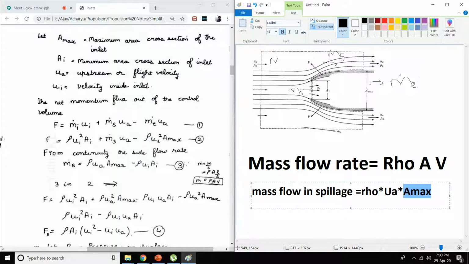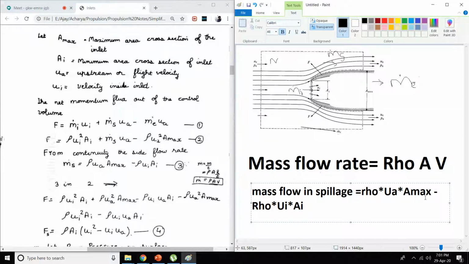We don't know the value of A max, so if at all A max extends to an infinite value that is covering the whole outside boundary, then whatever flow that is going inside of this, minus the mass flow that is going through here, will be your spillage: rho times UI, that is your inside, times AI. Understood?